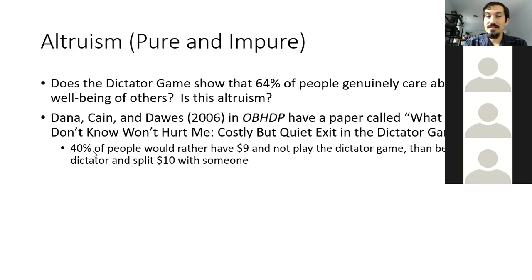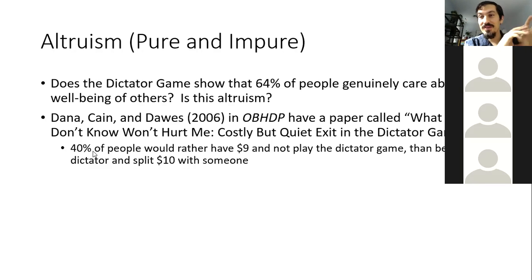They're doing that because you might argue they have this impure altruism. They're altruistic, they care about the payoffs of others, and they will split money with other people when they have the opportunity. But the altruism is impure because it's not actually the thing they most want to do.